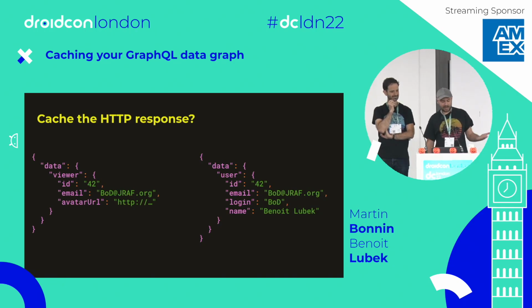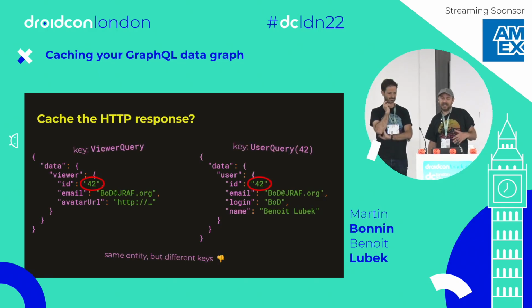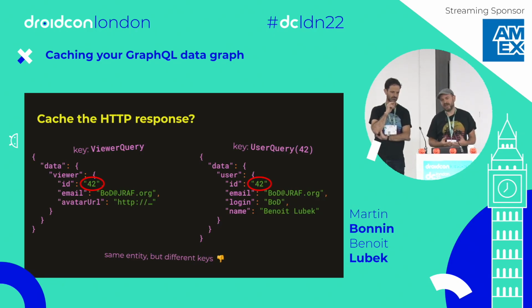Here we have an example with two payloads that represent actually the same object with the same ID 42. And again, you would store this in two different places, because you would probably use the query as the key for that. So again, they're stored in two different places. That's not good for your space, and that's not good for caching.